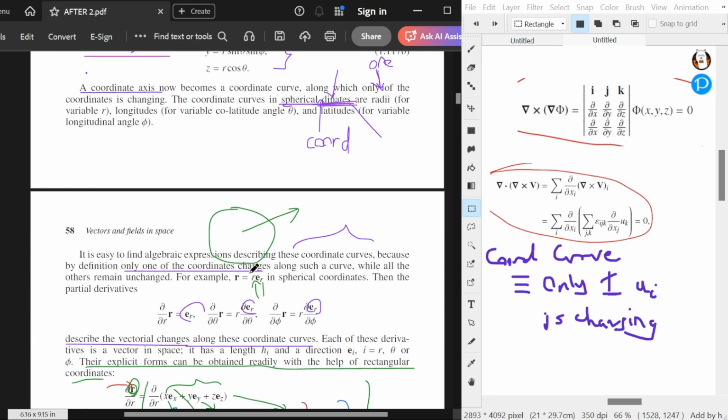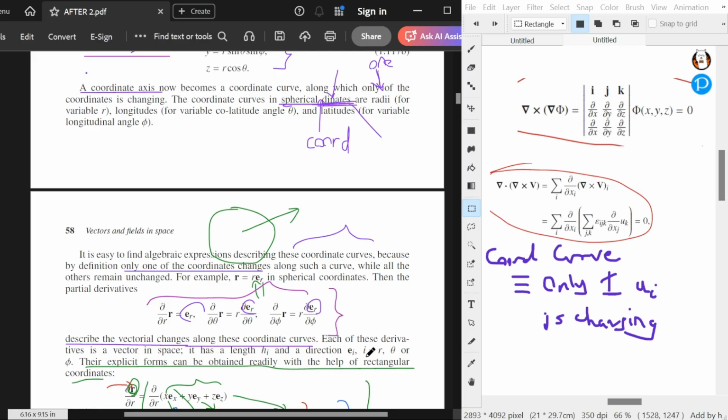It's easy to find algebraic expressions describing the coordinate curves because, by definition, only one of the coordinates changes along such a curve, while all the others remain unchanged. For example, this in spherical coordinates, and the partial derivatives describe the vectorial changes along this. Okay, yeah.